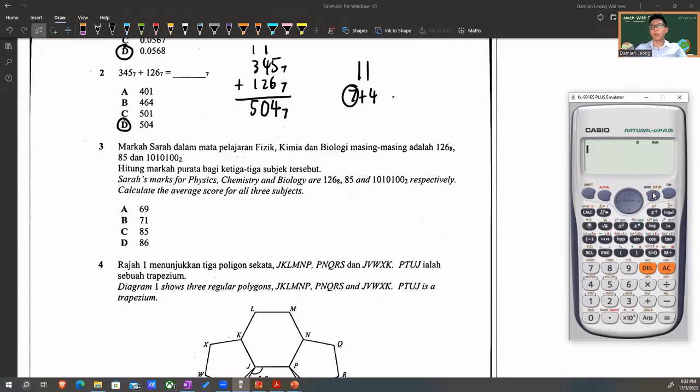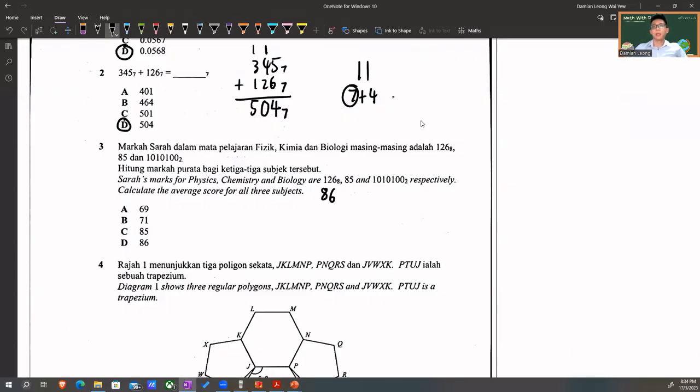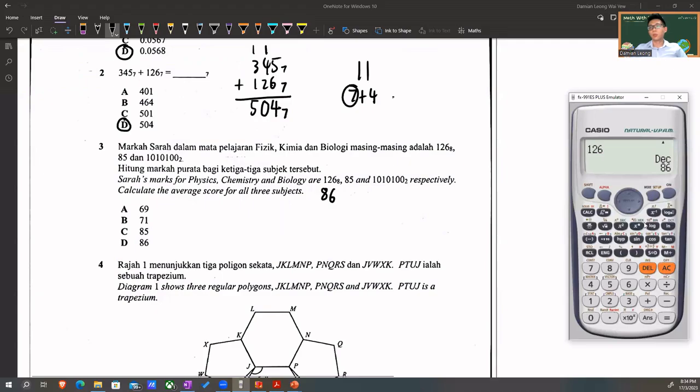So mode, select base. Okay, then let's convert everything to base 10. For base 8, I start with octal, 126 equals, and then convert to base 10 decimal. So it's 86 marks. And the other one, 1010100, base 2 is binary.